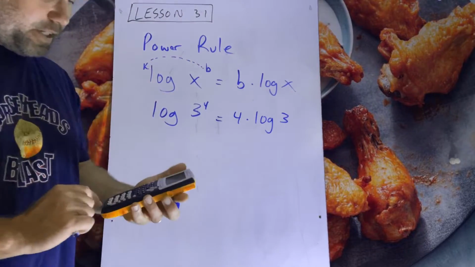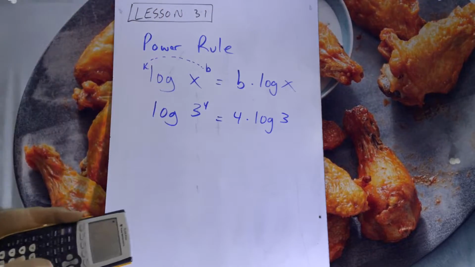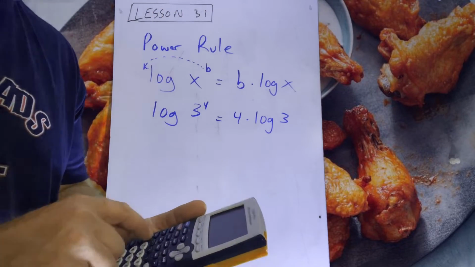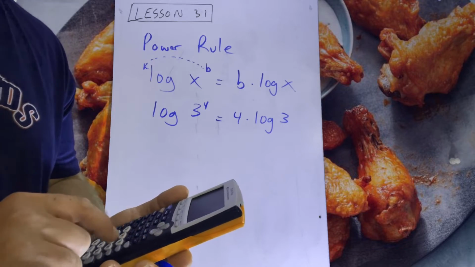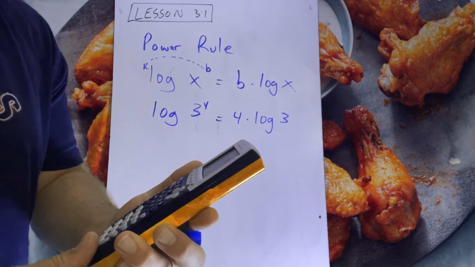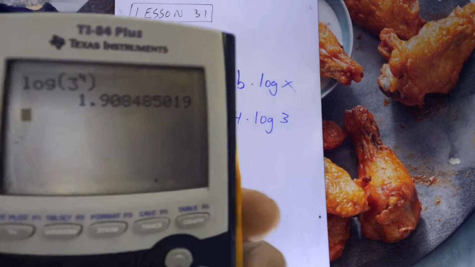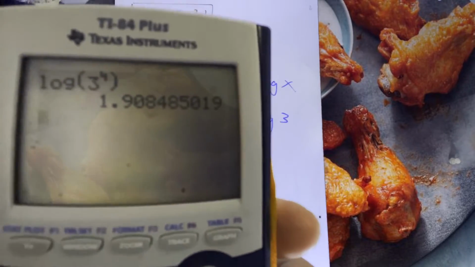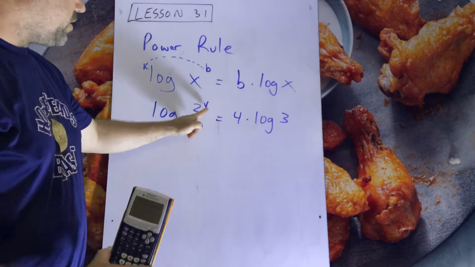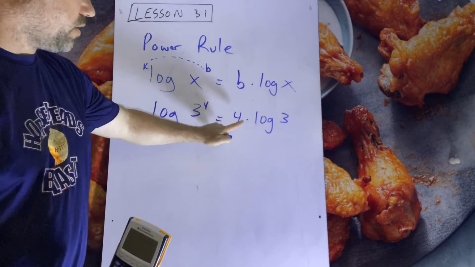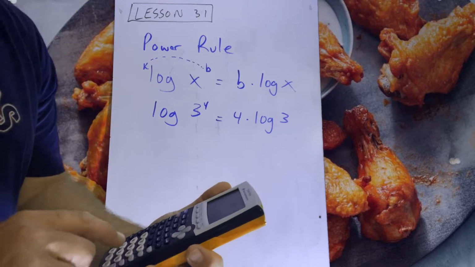So let's confirm that on the calculator real quick. So let's do the log of 3 raised to the 4th power, and we get that answer right there, the log of 3 to the 4th. Now, if I use the power rule and bring this 4 to the front, like I've done here, and do 4 times the log of 3, I should get the same result.